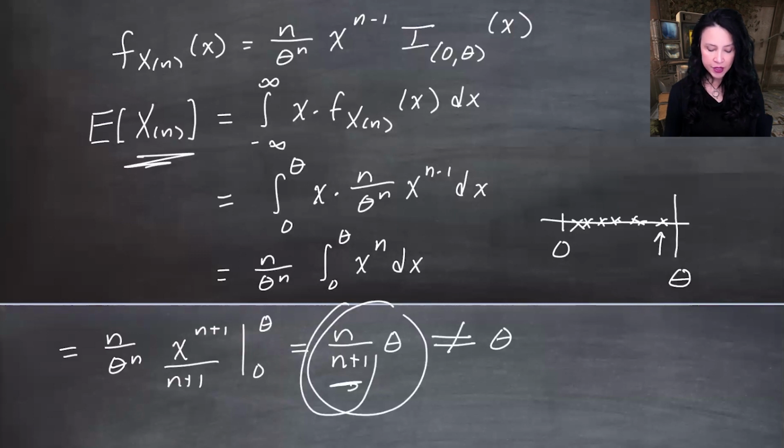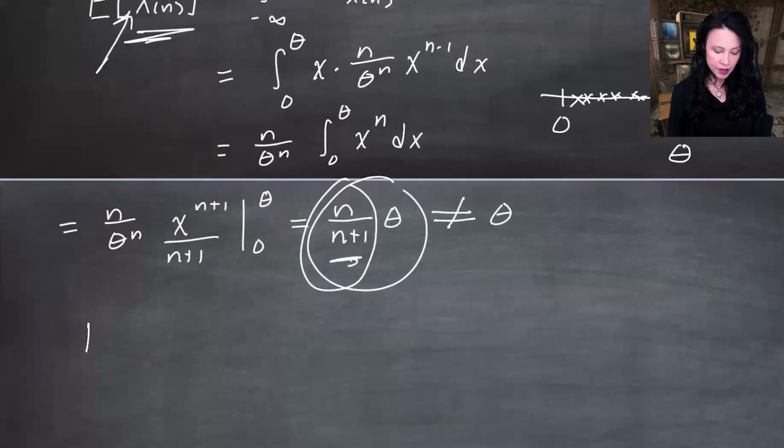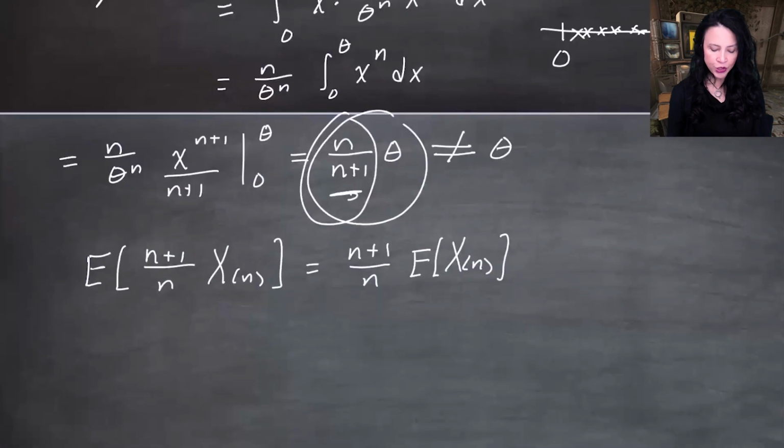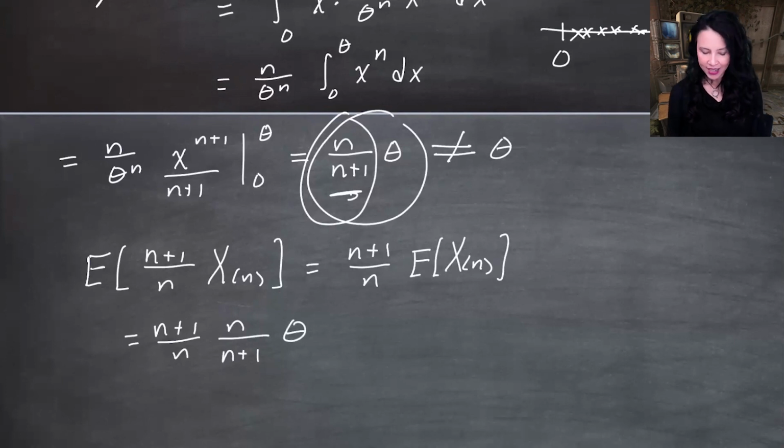But if I flip this over and put it up in here, then we'll get the right thing, because the expected value of n plus 1 over n times the maximum, that constant can come out. And then we just did that expectation, and we got n over n plus 1 theta. So I've put something in front that's going to cancel everything out and give us theta.